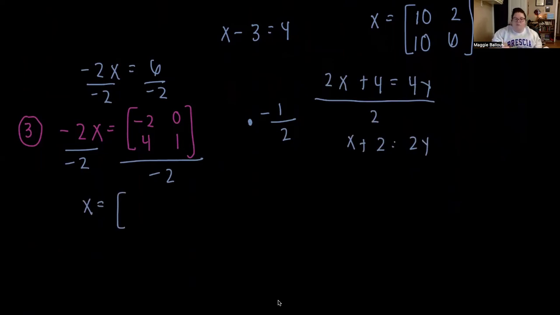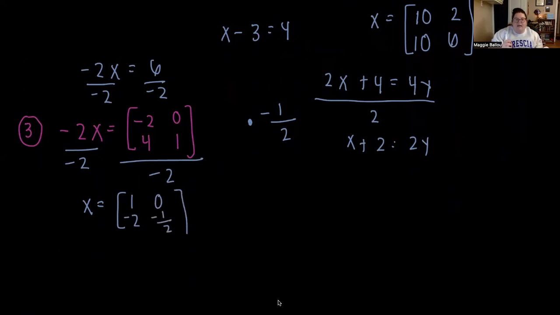Again, divide all four numbers, and don't change the positions of where they are. So top left, -2, divided by -2 gives you a +1. Top right, 0 divided by -2 is just 0. Bottom left, 4 divided by -2 is -2. And bottom right, 1 divided by -2 is -1/2.